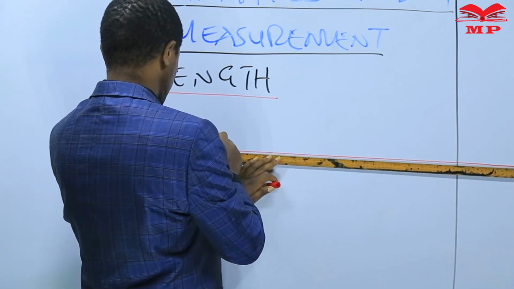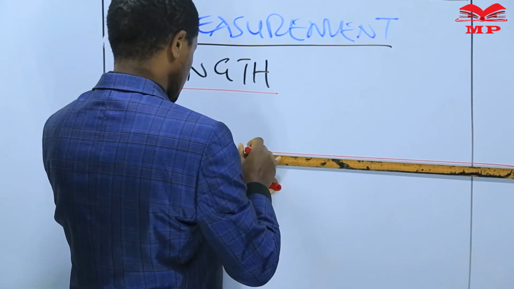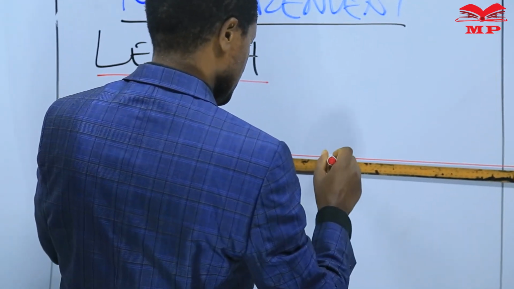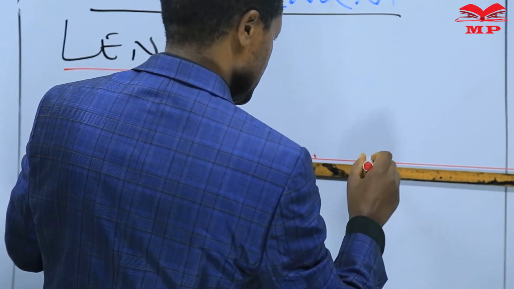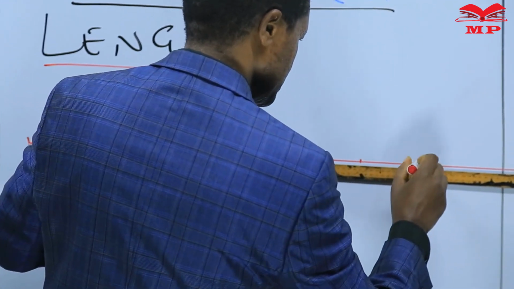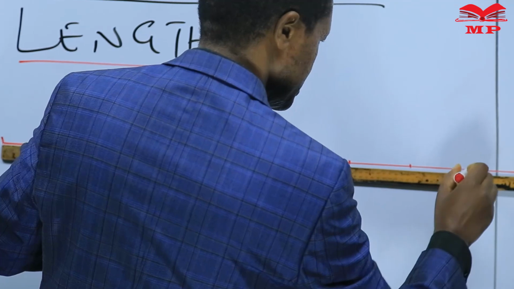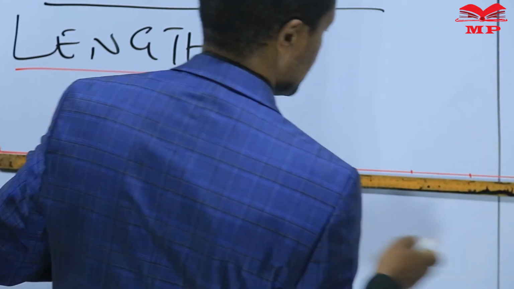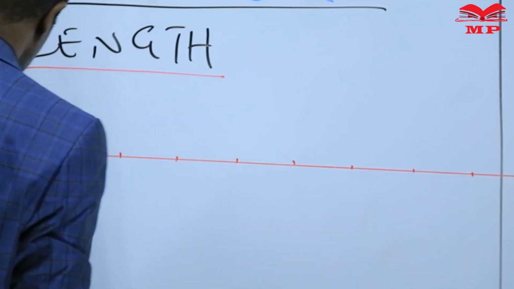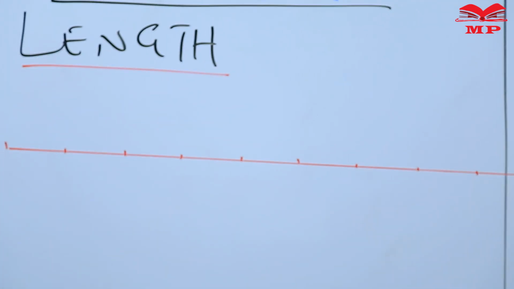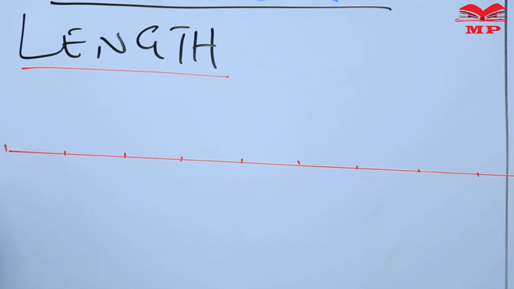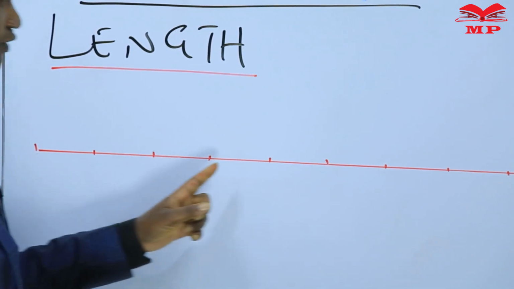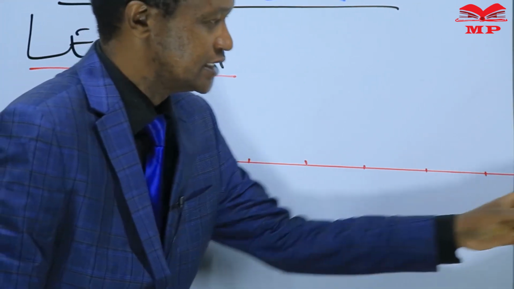So I have 10, 10, 10, the other part, 10, 10, 10, 10, 10, 10. So learners, 1 meter ruler is marked into 10 equal parts. 1, 2, 3, 4, 5, 6, 7, 8, 9, 10.